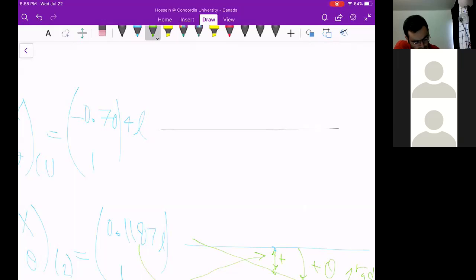However, sorry, here it should be negative. It's correct. 1 radian rotation. There is a negative displacement at point C, minus 0.7, which is a function of L. So these are the natural frequency and natural mode shape.